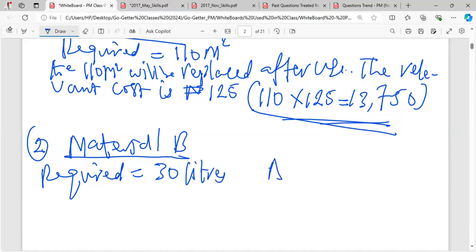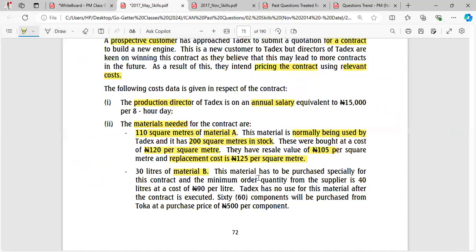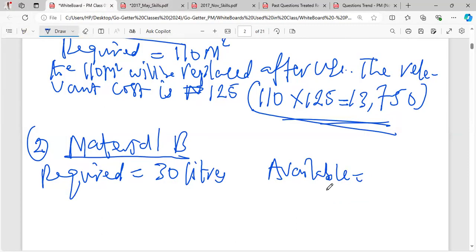Now, available. How many is available here? This material has to be purchased specially for this contract. So none is available. Just write none. So the first question we asked, is this material available in stock?